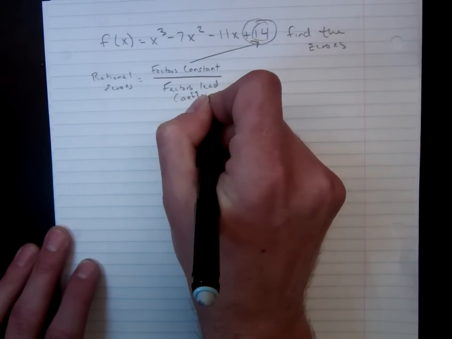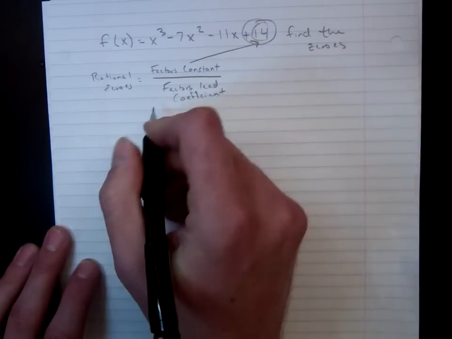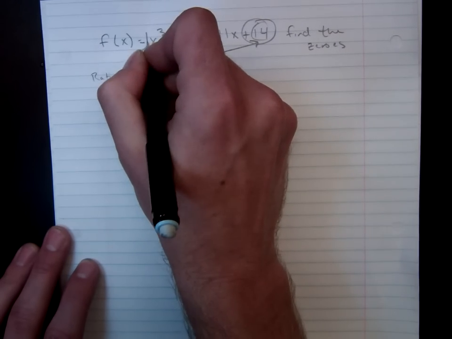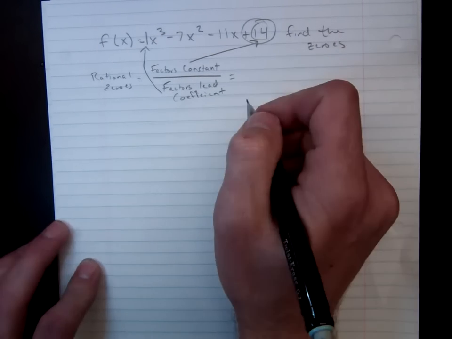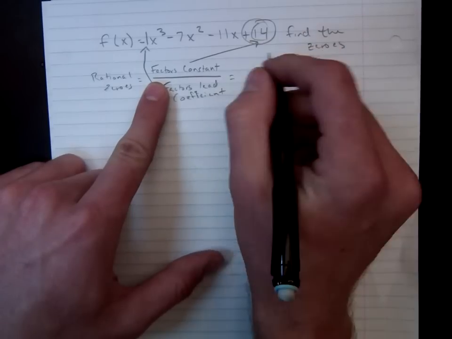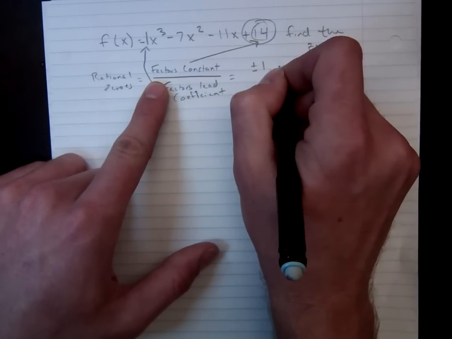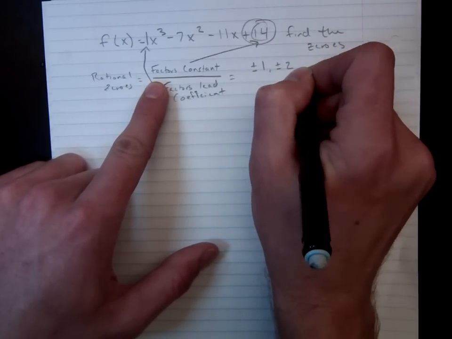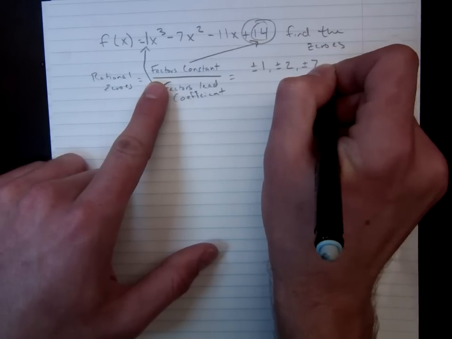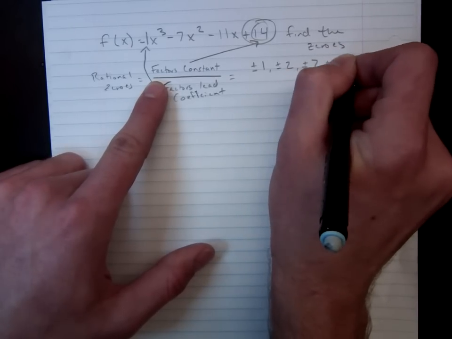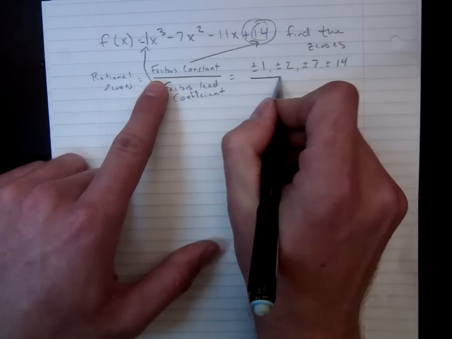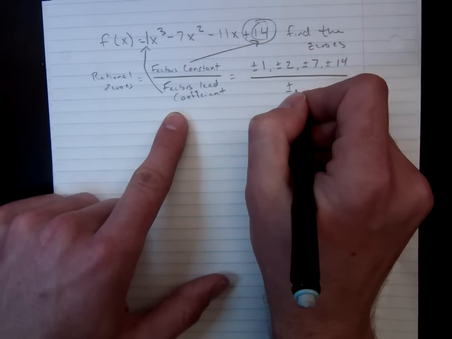I can't spell coefficient. Anyway, the lead coefficient here we can see is 1. So the factors of 14 are plus or minus 1, plus or minus 2, plus or minus 7, and plus or minus 14, all over plus or minus 1.